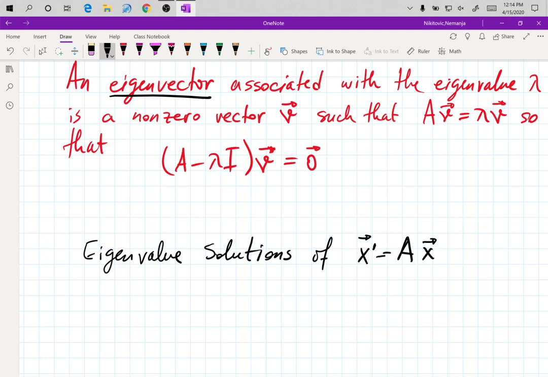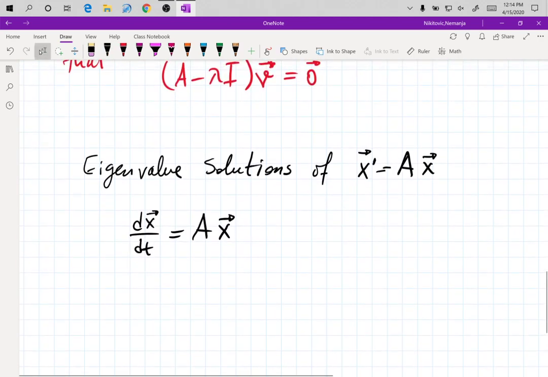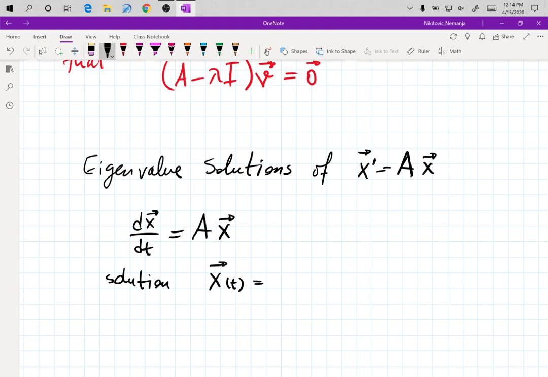This is your differential equation system, right? So the solution of dx/dt equals A x bar has the solution given as x bar of t equal to v e to the lambda t.